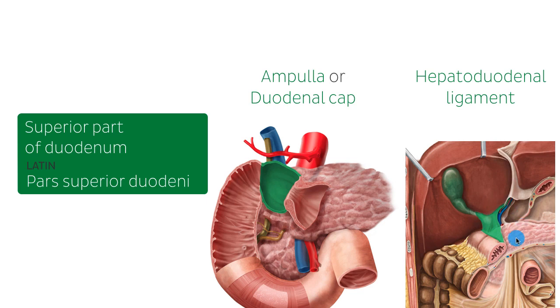Notice the hepatoduodenal ligament. This other green structure is the gallbladder. But you can see how this part of the duodenum is attached to the liver through this hepatoduodenal ligament.